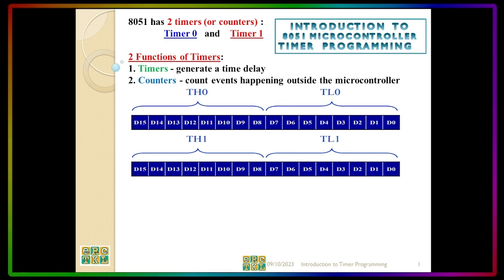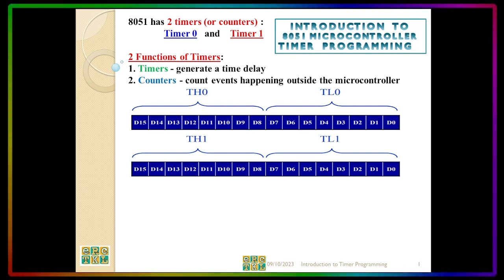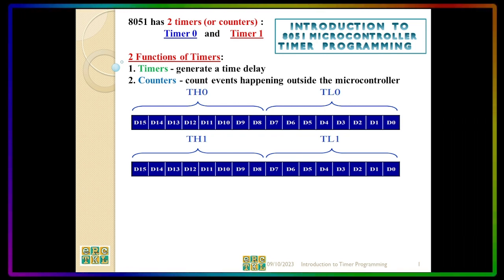In this figure, you will see the TH0 and TL0 part of timer 0 and the TH1 and TL1 part of timer 1. For timer 0, we have 16 bits from D0, D1, D2 up to D15. And for timer 1, we also have D0 up to D15. So both of them have 16 bits of data.